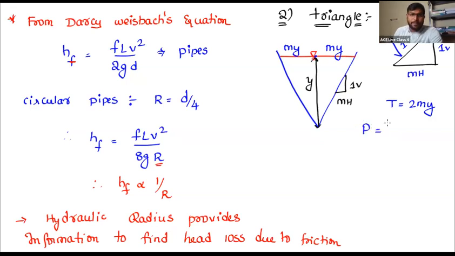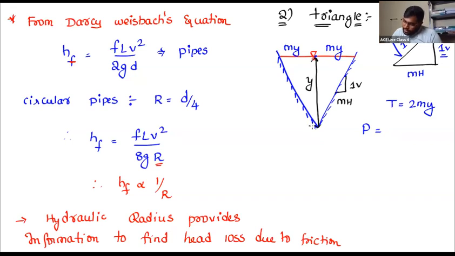What is the wetted perimeter? You know that the length of the solid boundary is nothing but the wetted perimeter. Here the boundary is inclined, so how many inclines are there? This is 1 and this is 2, so 2 times the incline. Now come to this figure, the triangle. For 1 vertical, what is the incline? Root of 1 plus m square.